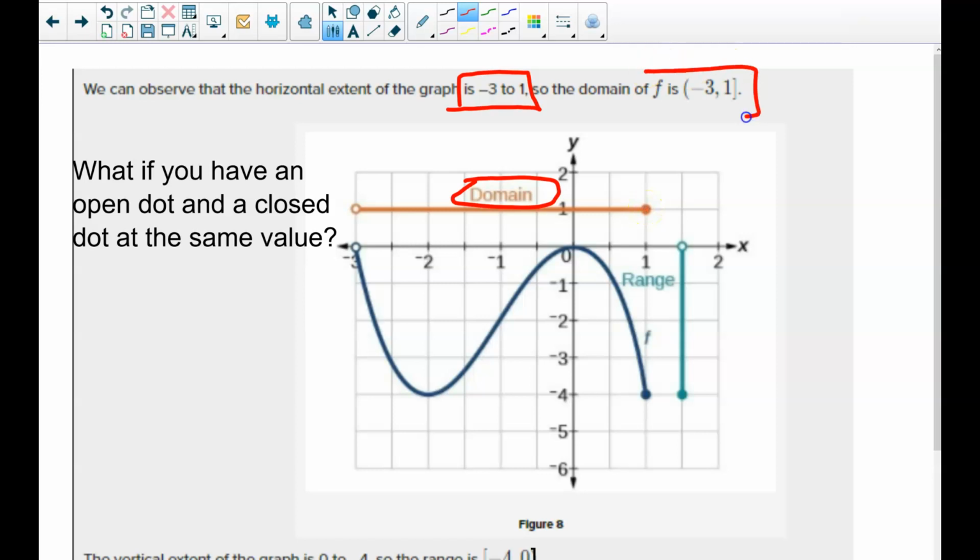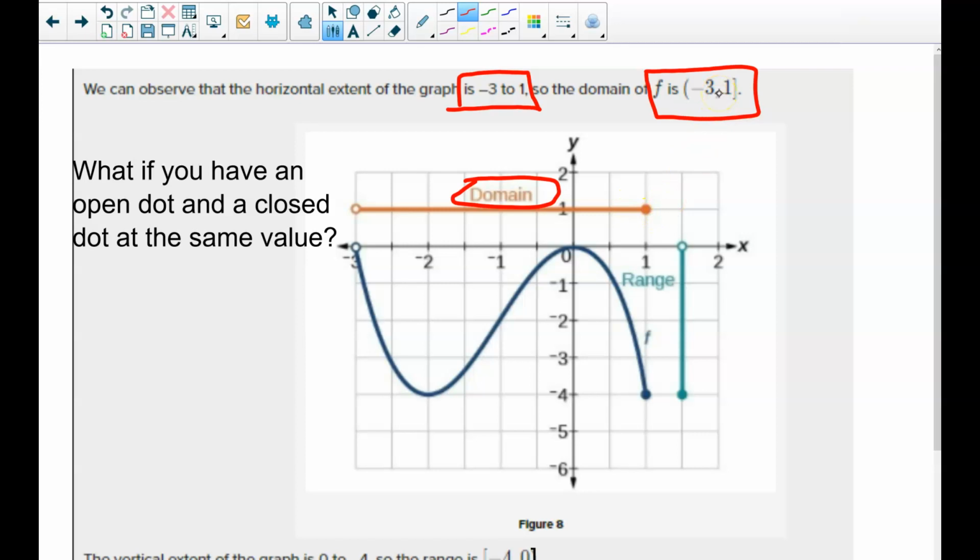So the domain of this function in interval notation would be a parentheses around -3, because that's not included, and then a bracket around 1, because that's +1. We have parentheses if it's an open circle, or if it's to infinity. So we have a domain of -3 with a parentheses around it to +1 with a bracket.